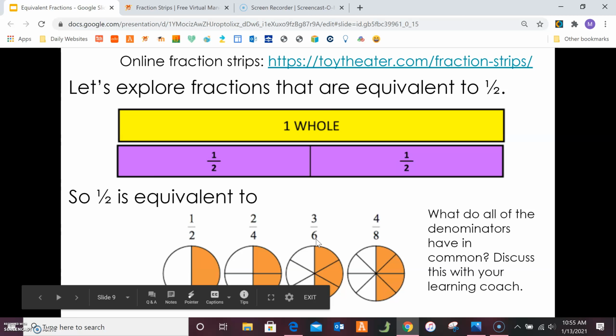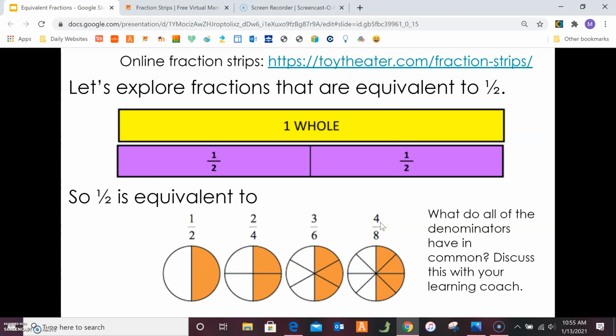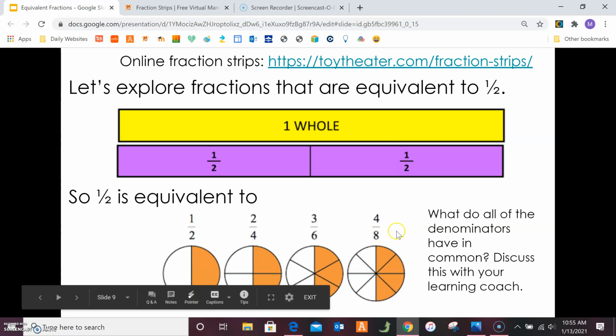If you had 6 pieces of candy, what would half of that be? That's right, it would be 3. What if you had 8 pieces? What would half of that be? That would be 4.